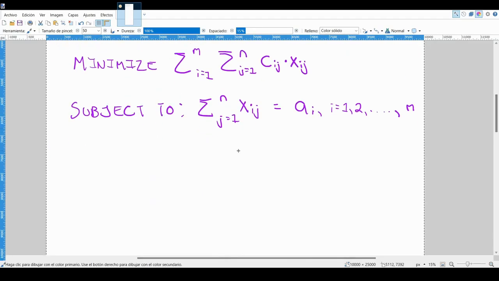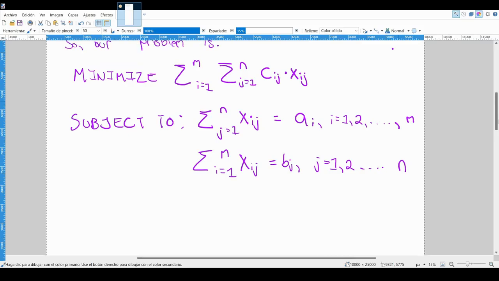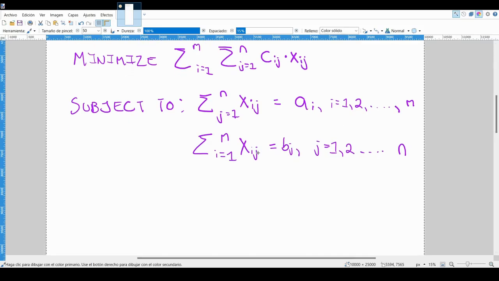We're going to write down from I equals 1 to M. So across every production center, we want to make sure the amount being shipped to J is going to be Bj, from J equals 1 to N. So with these constraints, we make sure that the amount being shipped from a production center never exceeds the supply, and the amount being shipped to a market never exceeds the demand.